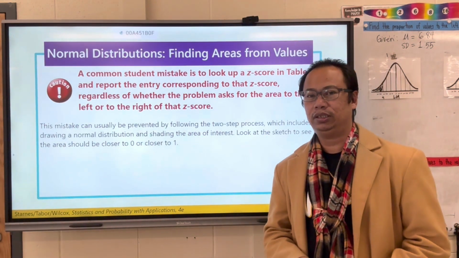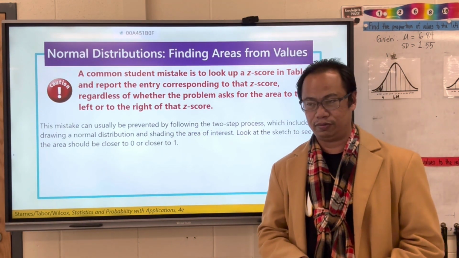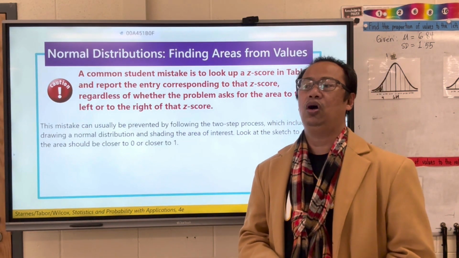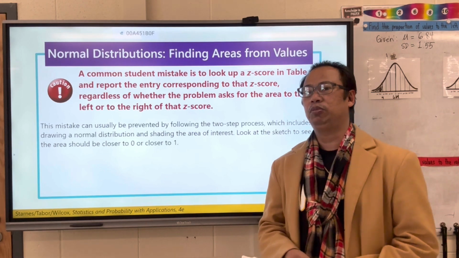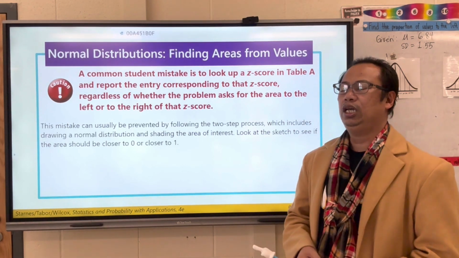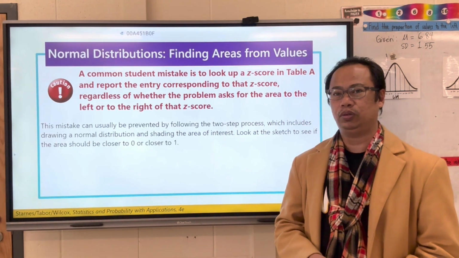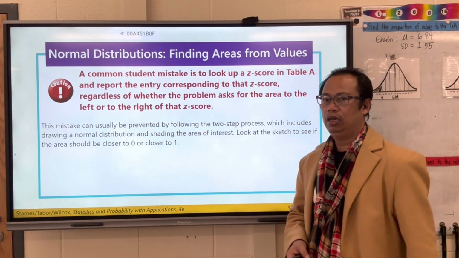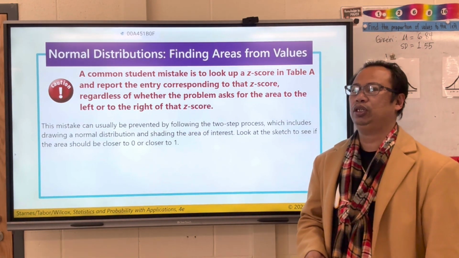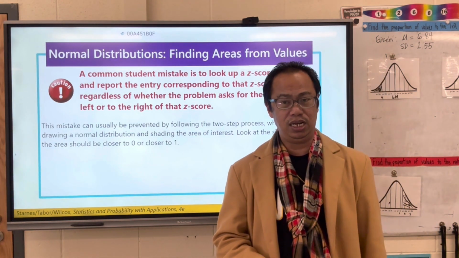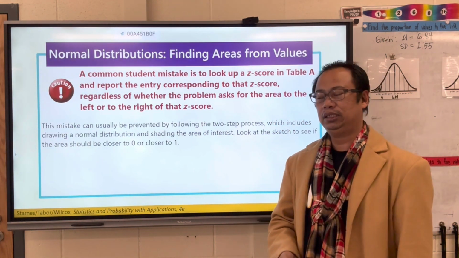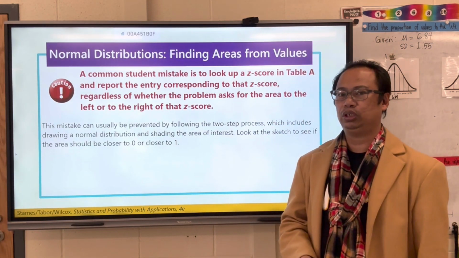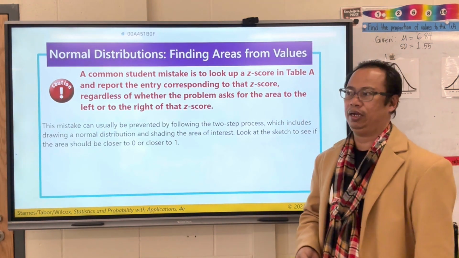The first thing you need to do is draw the normal curve. Shade the area so that you will see if it is bigger or smaller. If it is smaller, of course, it is closer to 0. If it is bigger, it is closer to 1. I know that you know already how to shade the areas, but this time, we are going to use those shaded areas in the computation of the complete area itself.